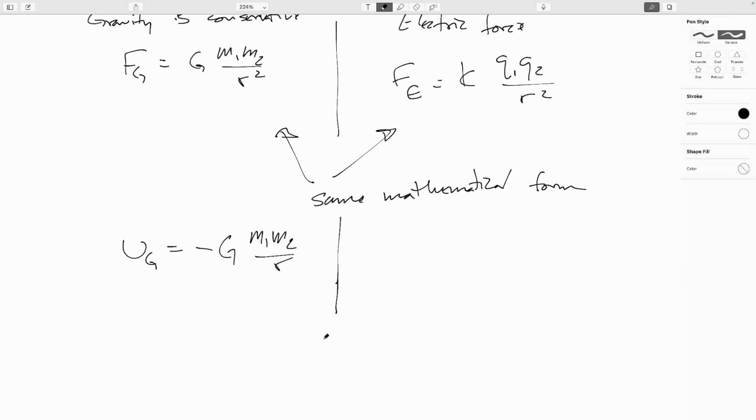And remember, we were always free to choose, to within a constant, what our potential energy functions were. For reasons that have to do with the calculus it takes to derive this, it made the most sense for us to say that the gravitational potential energy, if our two objects were infinitely separated, was set equal to 0. With that choice, we said that the gravitational potential energy was this.